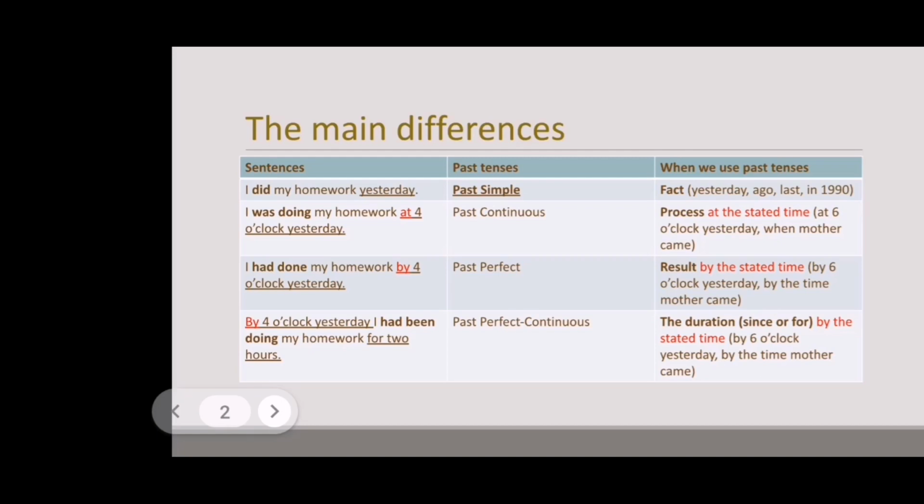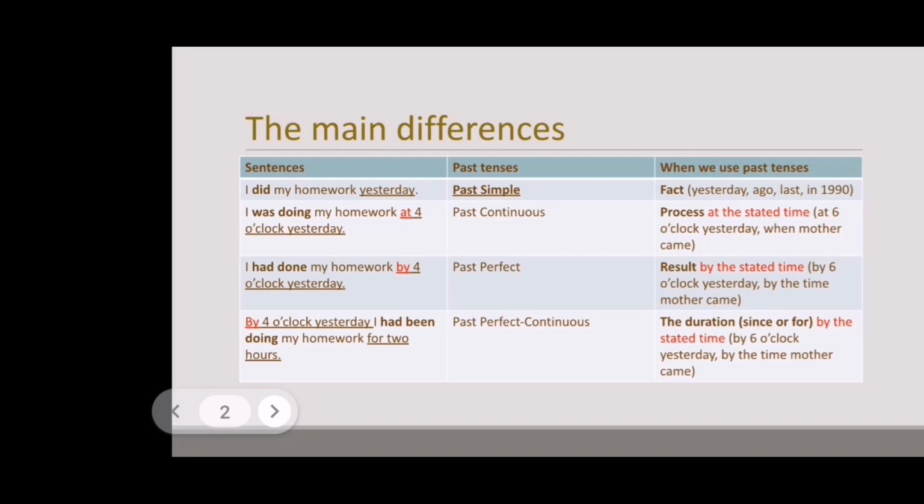For past perfect, we usually show results by the stated time. So this time the preposition is by 6 o'clock yesterday, or by the time mother came. I had done my homework by 4 o'clock yesterday. Had and the third form of the verb. And for past perfect continuous, the duration, I hope you remember the duration, the prepositions since and for, by the stated time.